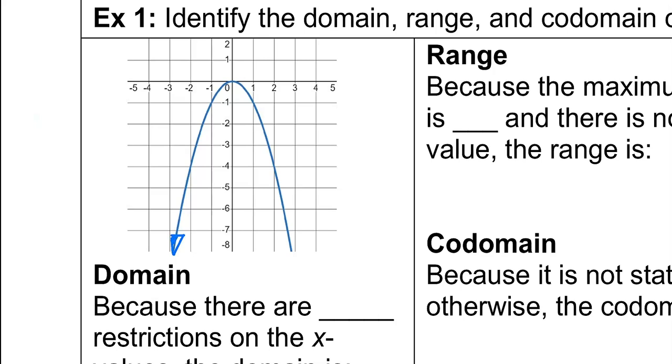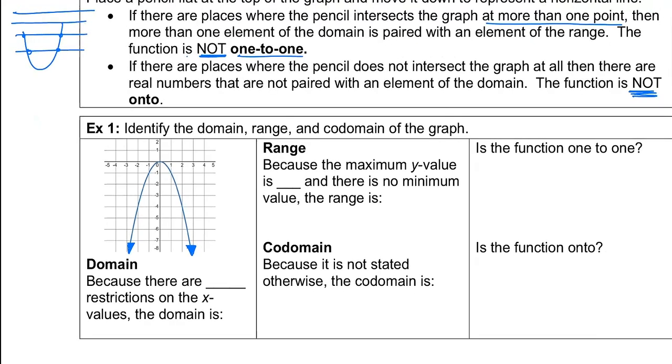So let's put arrowheads on this graph down here and here. Because we know that this graph is going to go down forever this way and keep going that way. And the same thing as we go to the right, it's going to be going down to the right forever.